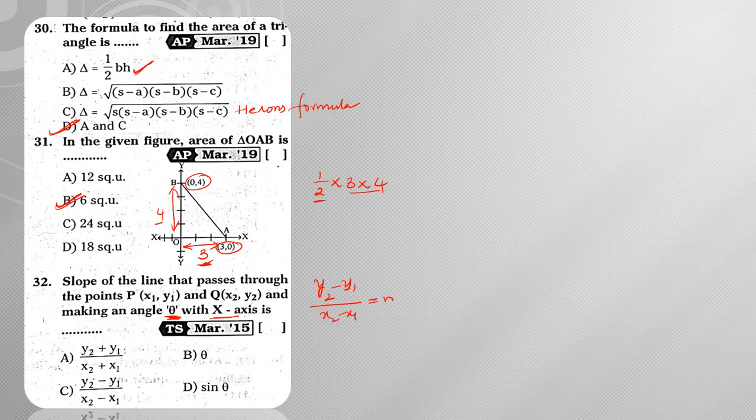This is the slope formula, and it can also be written as tan theta. Suppose in the options tan theta is given, then that can also be considered as the answer. So option C is my answer, right? If tan theta is given, you need to consider that also.